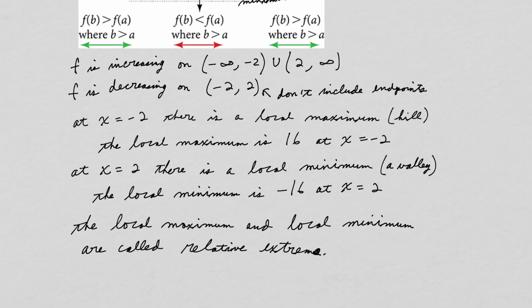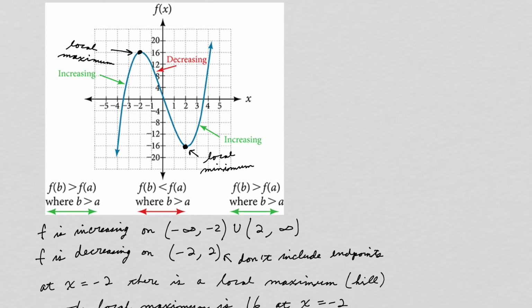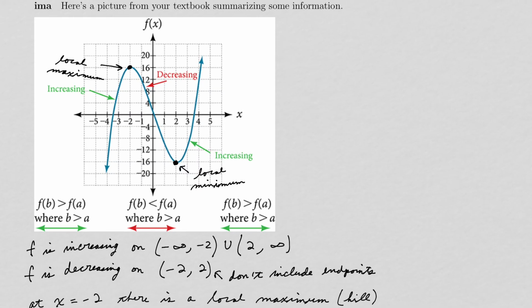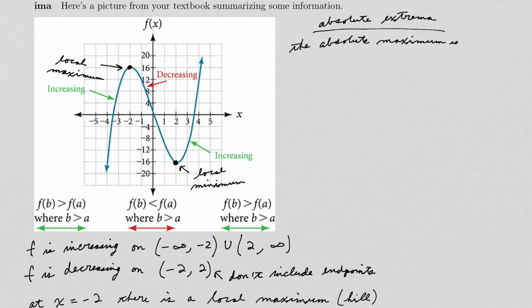Let me actually go back to the graph for a second. And I'll write it in here. So absolute extrema. The absolute maximum is basically the largest function value.